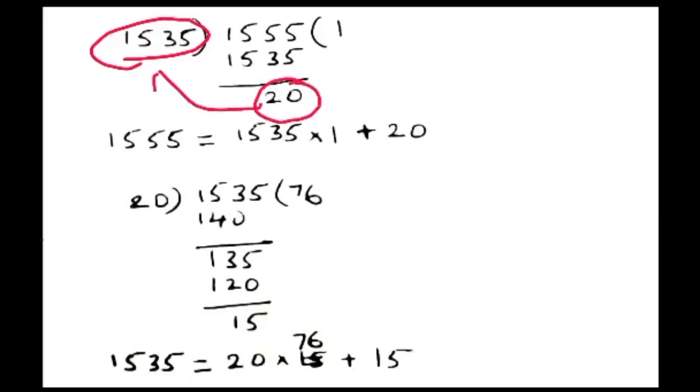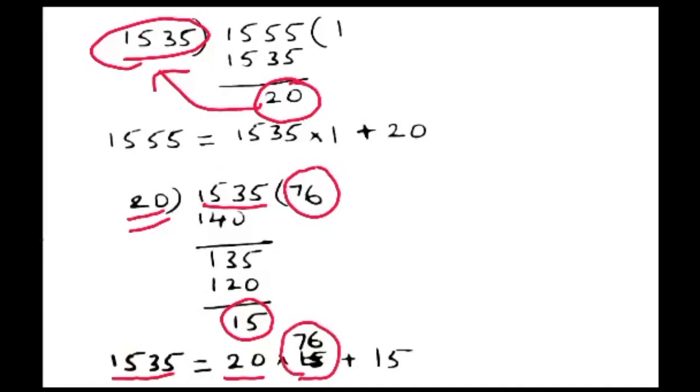This process should be continued until we get the remainder equal to 0. So, 20 becomes divisor, 1535 becomes dividend. When 1535 is divided by 20, we got 76 as quotient and remainder 15. So, dividend 1535 equals divisor 20 multiplied by quotient 76 plus remainder 15.